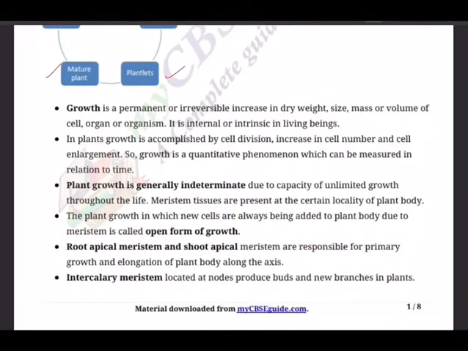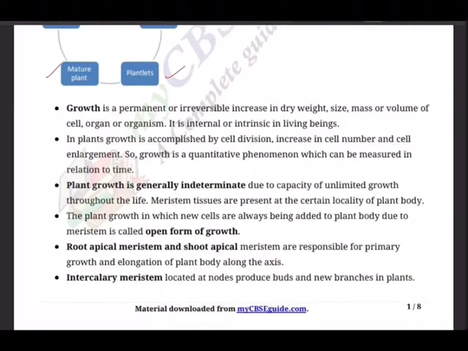Growth is a permanent or irreversible increase in dry weight, size, mass or volume of a cell, organ or organism. It is internal or intrinsic in living beings. All living beings grow and develop, we say.